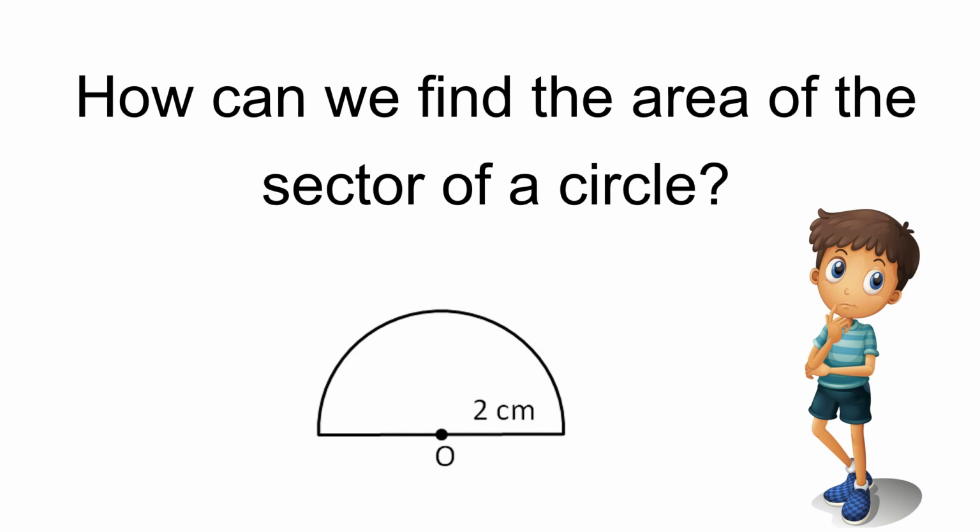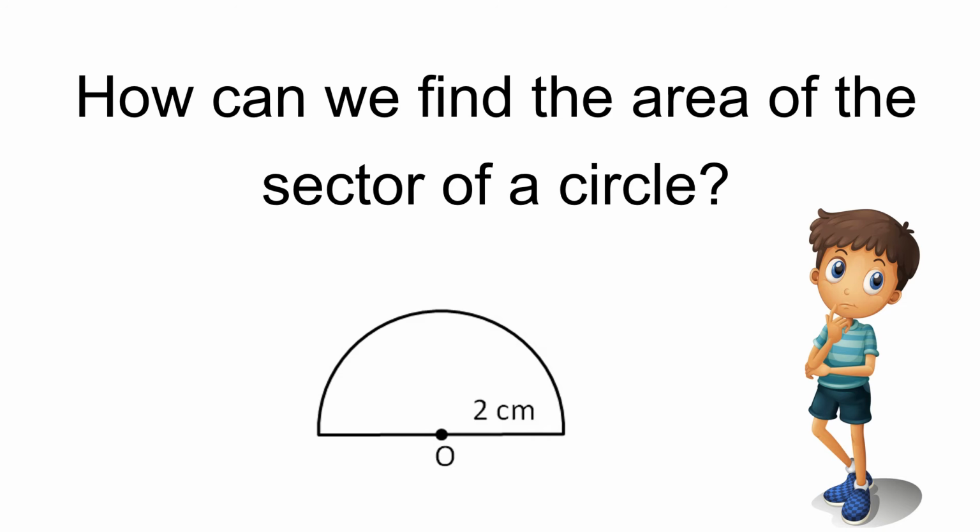That's right. You would use half multiplied by pi r squared. But is there another way of representing half multiplied by pi r squared? That's right. The total degrees in a circle is 360 degrees.